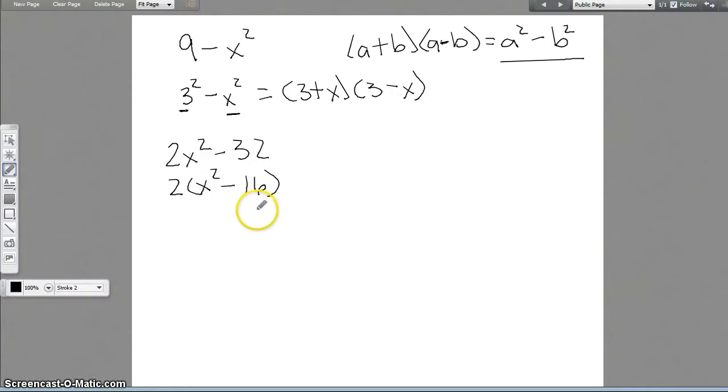Now, inside of the parentheses, we do have two square terms. We can rewrite this as 2 times x squared minus 4 squared. And we know how to factor that.